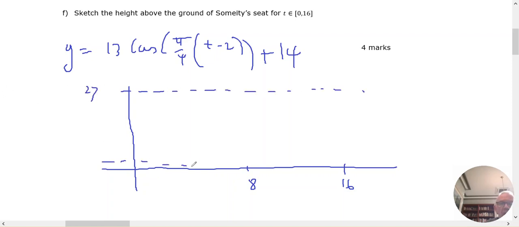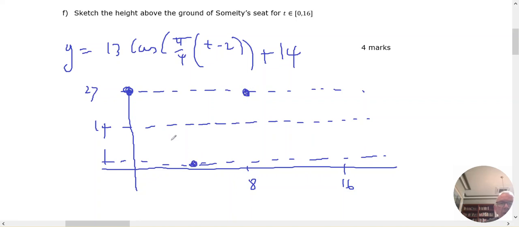There is my guiding mark for 1. And there is my guiding mark for 14. And I know that it's positive cos, and it would finish there, and it'll be there dead middle, and it'll be there at 4 and at 2 and at 6.